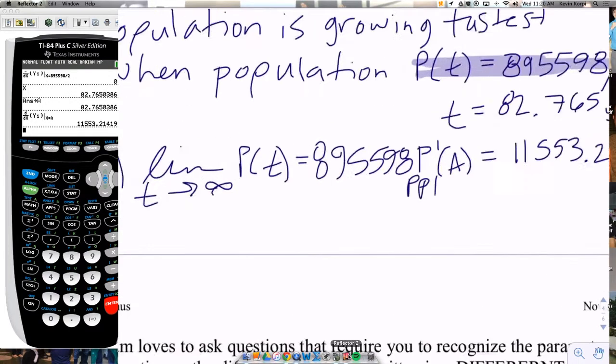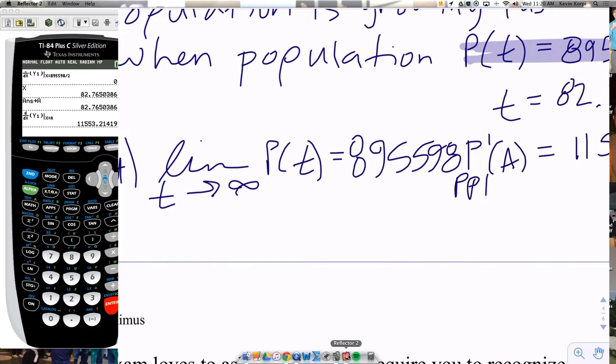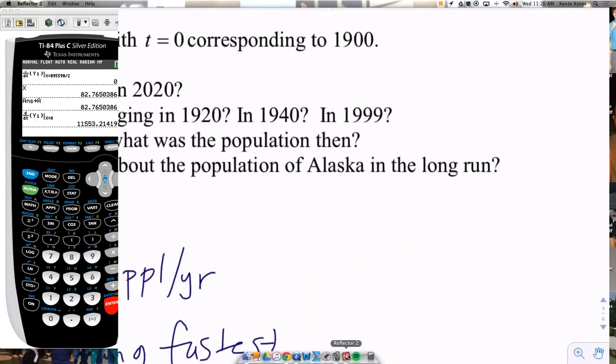Now, could something like Alaska, according to the model, which has a carrying capacity of 895,000, could Alaska actually have more people than that living there? Yes, it could.